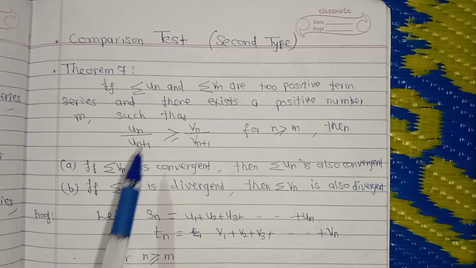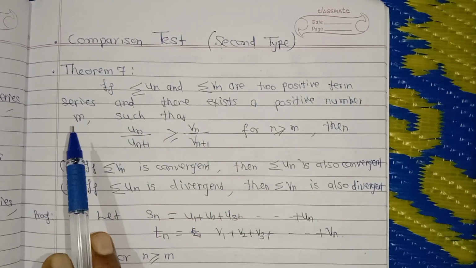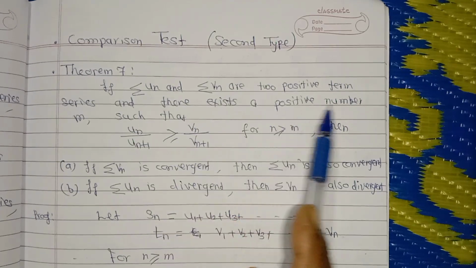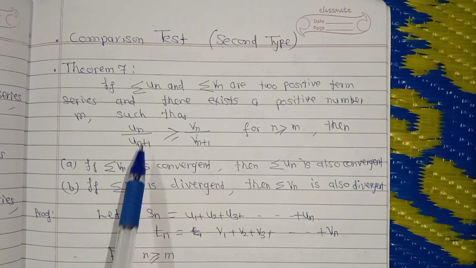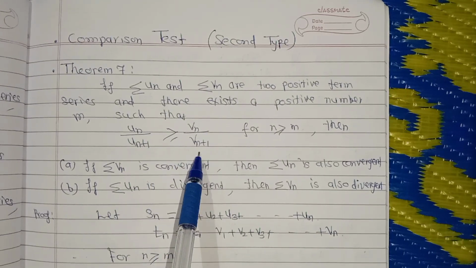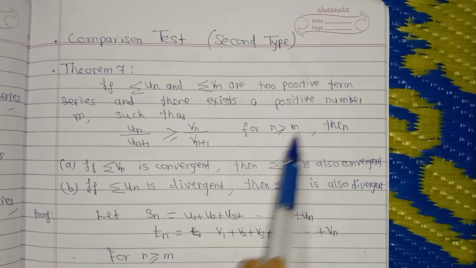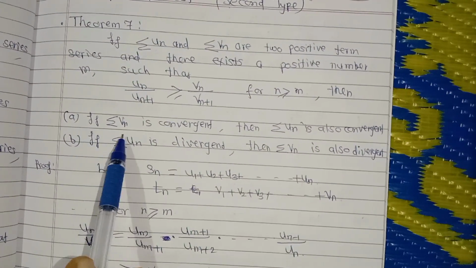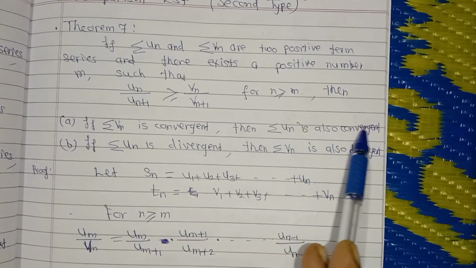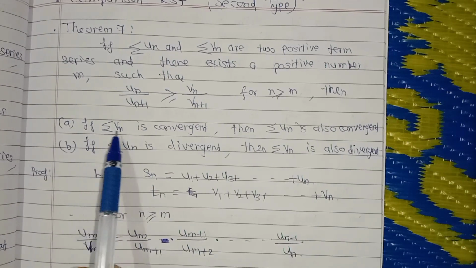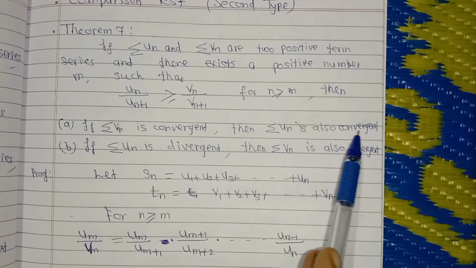Statement of this theorem is, if summation Un and summation Vn are two positive term series and there exists a positive number m such that Un upon Un plus 1 is greater than or equal to Vn upon Vn plus 1 for n greater than or equal to m, then first result is, if the series summation Vn is convergent, then the series summation Un is also convergent.